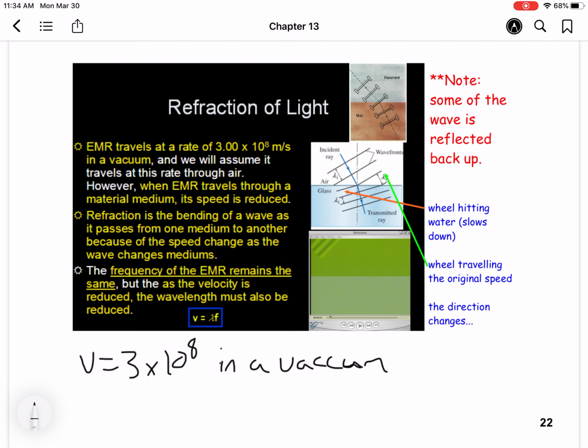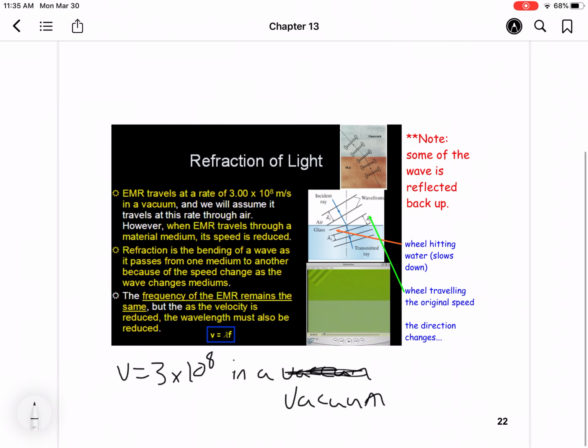I know. There you go. What a weird word. Okay, in a vacuum. But you'll notice that if it's in air, it'll slow down. Usually still in air, we're going to say 3 times 10 to the 8. But if we enter glass or if we enter water, the velocity does slow down ever so slightly.